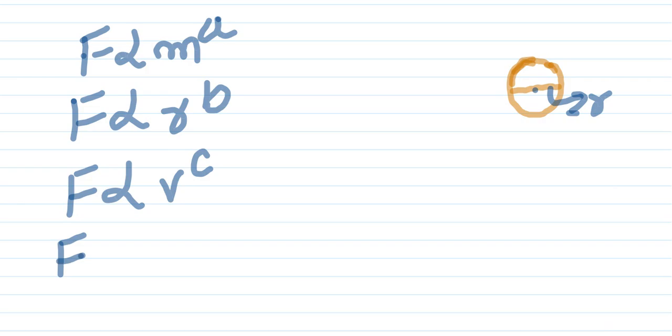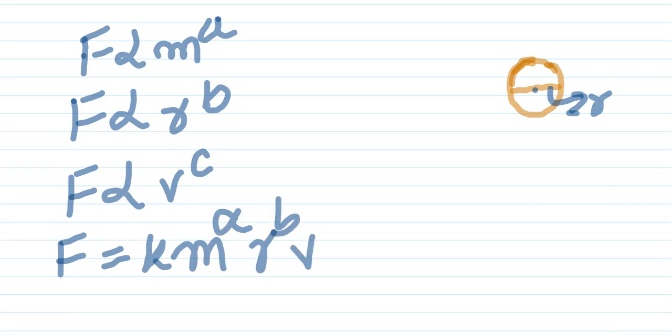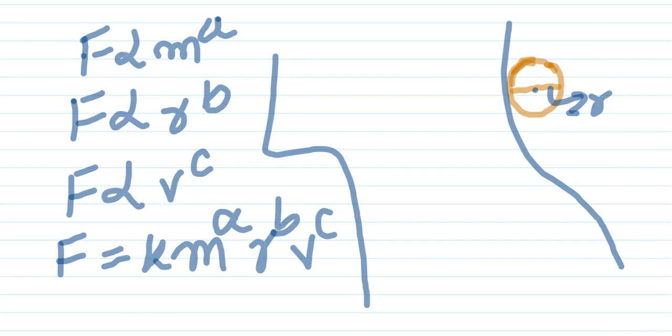F is equal to K, the proportionality constant, m power a, r power b, v power c. What is the dimensional formula of force? M L T power minus 2.